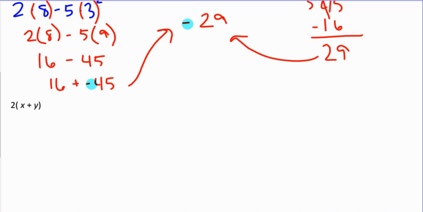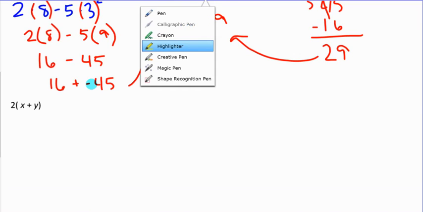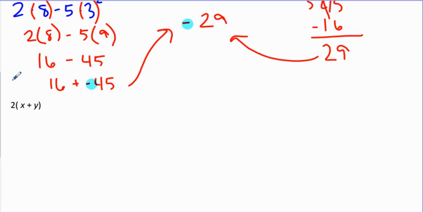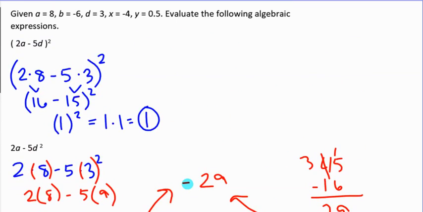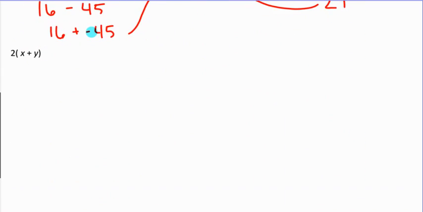Next, we have 2 times x plus y, where my x value is -4 and y is a half. So I have 2 times a -4 plus a half. So we actually did this pretty close on the first video. We have to do parentheses first.